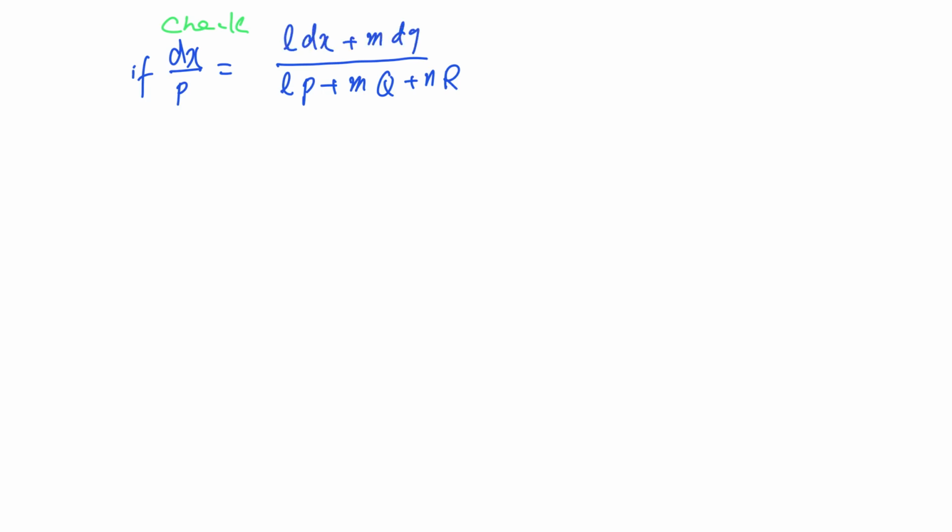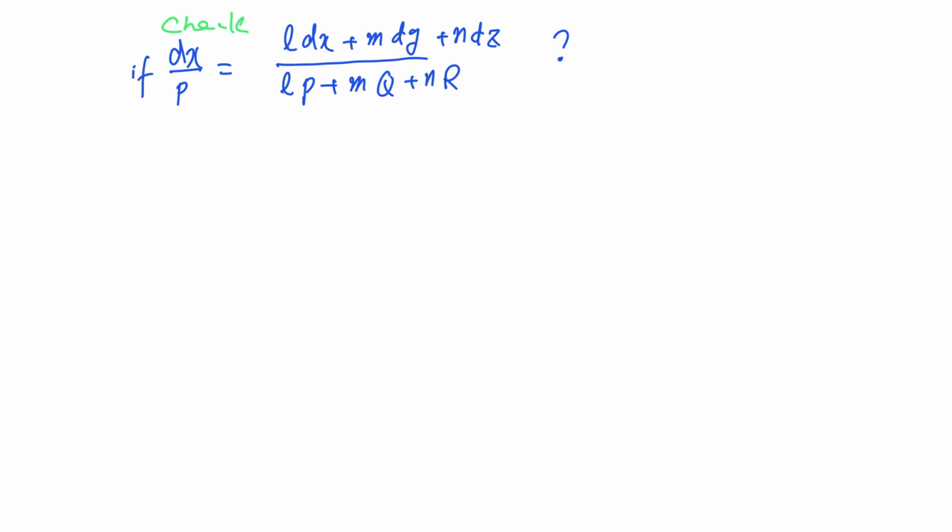If dx over P is dy over Q is dz over R, is equal to lP, mQ, and nR over ldx, mdy, and ndz, then the first statement is true.